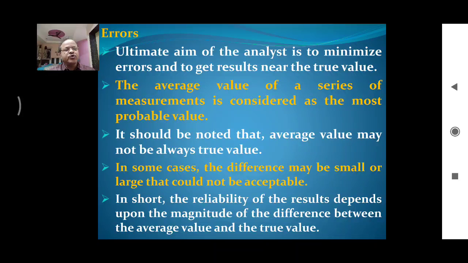Suppose the true value is 10 and our average reading is 9.8 or 10.2. So these average values can be considered acceptable. But if the average value is 8 or 9, then because of the large difference between the average value and the true value, these readings will not be acceptable.